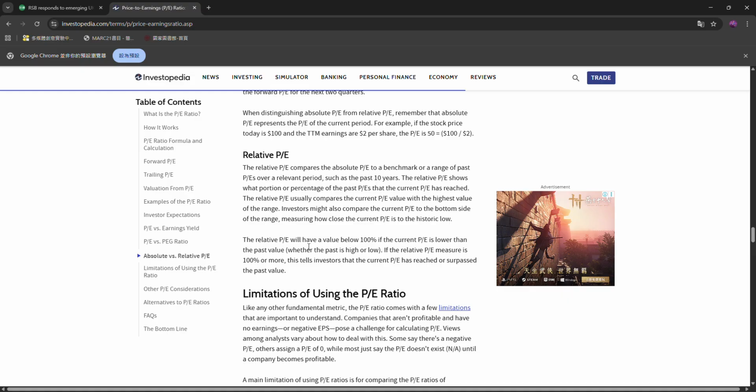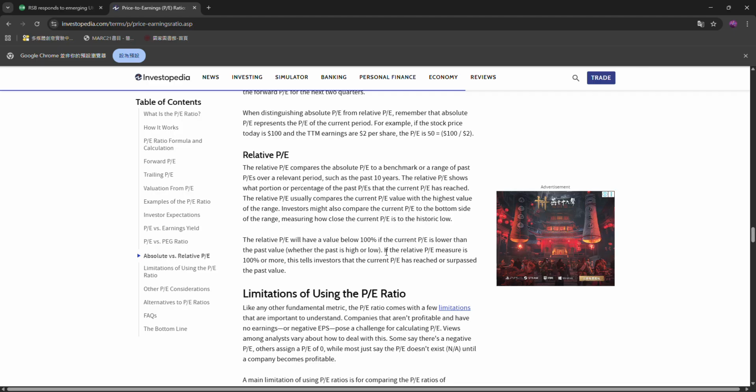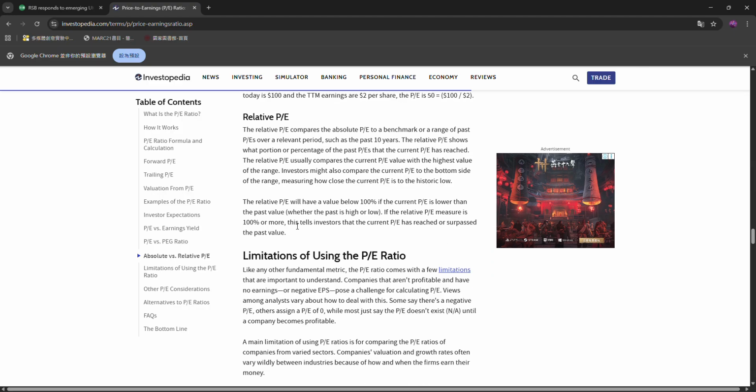The relative PE will have a value of 100% if the current PE is lower than the past value, whether the past is high or low. If the relative PE measured is more than 100%, it tells investors that the current PE has reached or surpassed the past value.